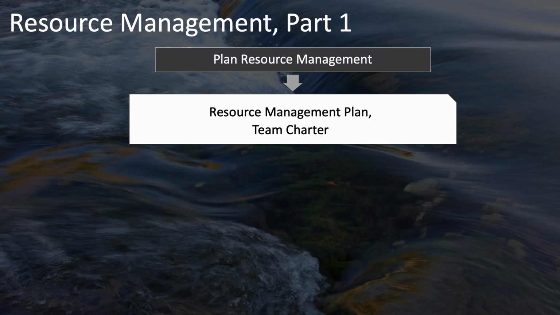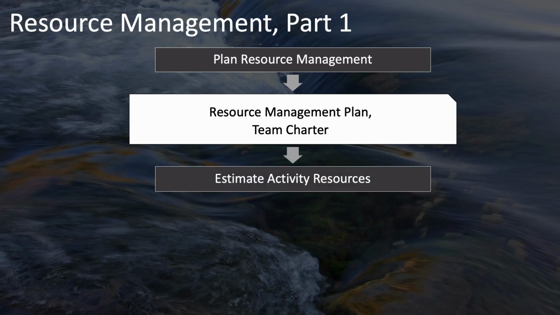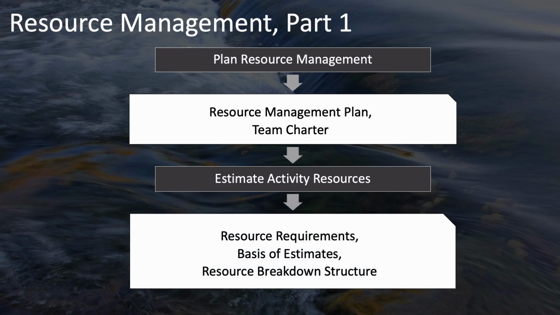These are then inputs to your estimate activity resources process, which coordinates with scope and schedule planning to come up with your schedule and cost baselines. It outputs the resource requirements, basis of estimates, and resource breakdown structures that are needed by these other processes.